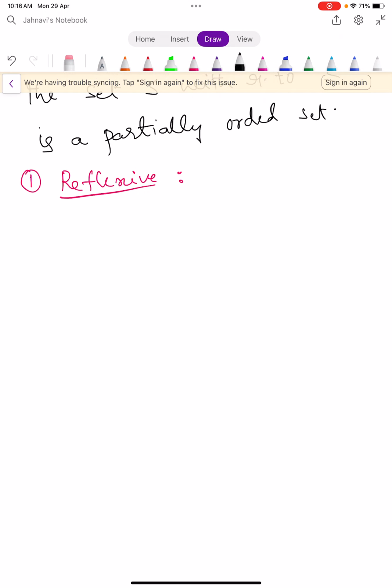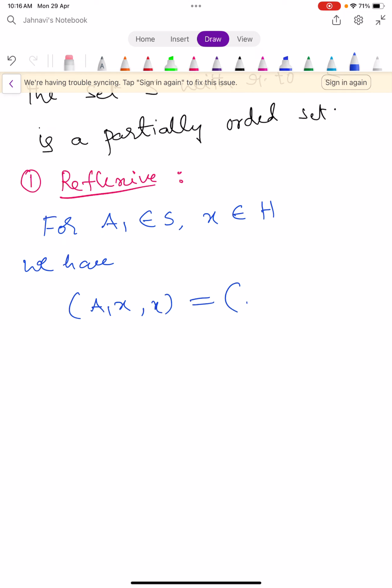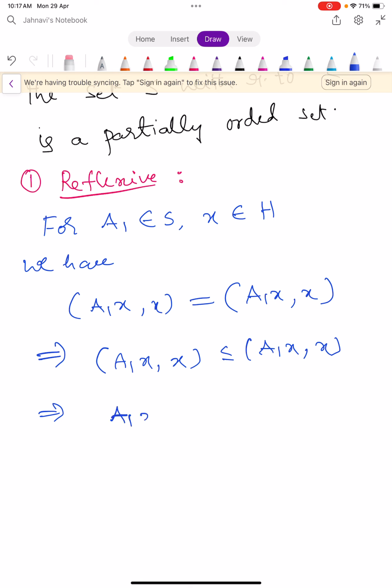For a1 belongs to capital S, and take an element small x belongs to capital H, we have the inner product of a1x, x is equal to the inner product of a1x, x. This is nothing but the inner product of a1x, x is less than or equals to the inner product of a1x, x, which implies a1 less than or equals to a1, because x not equals to 0.